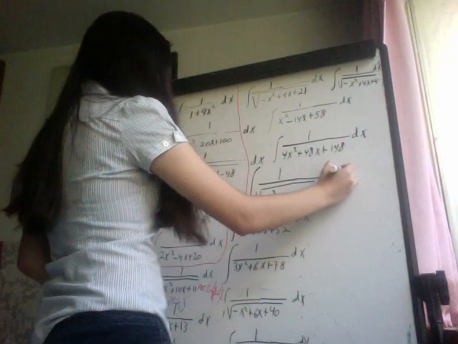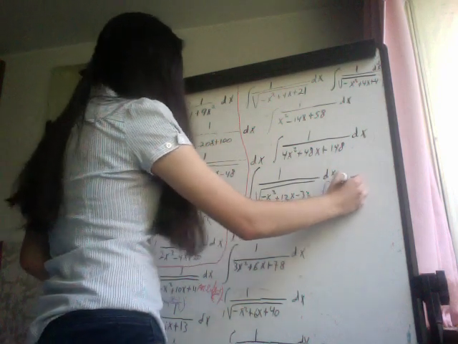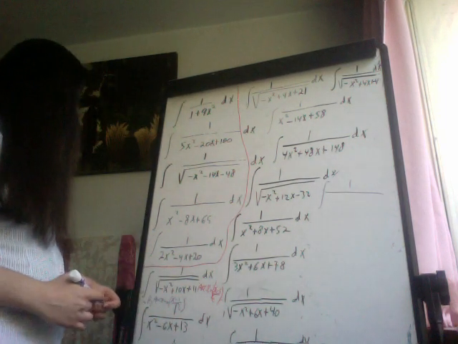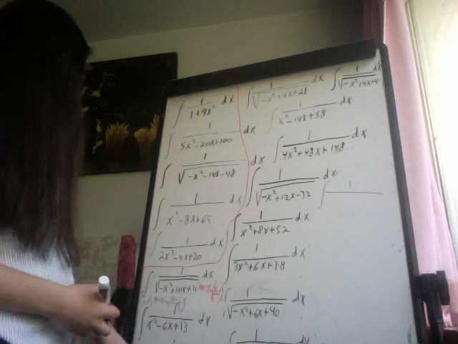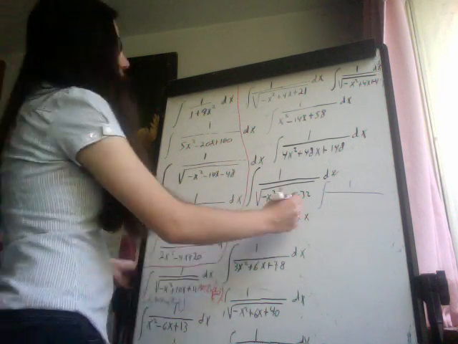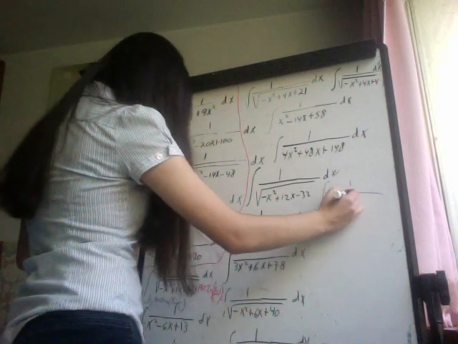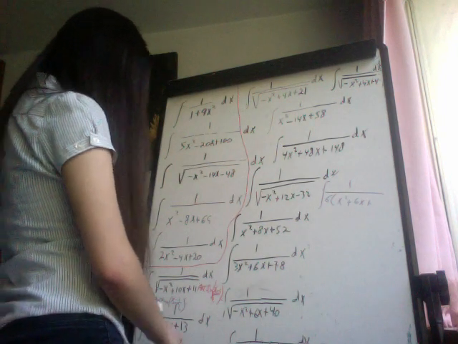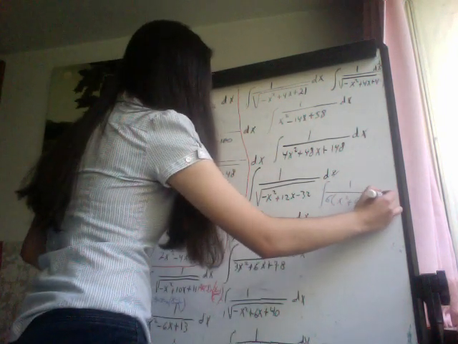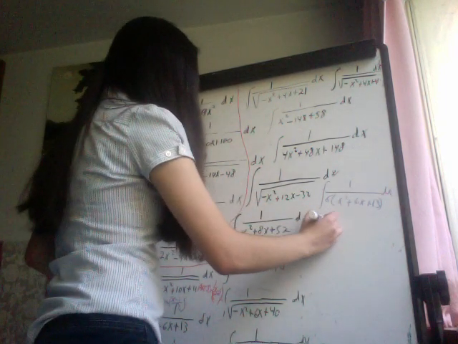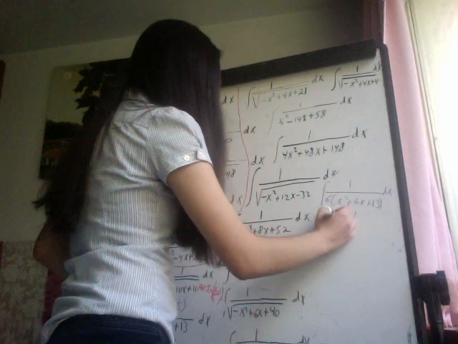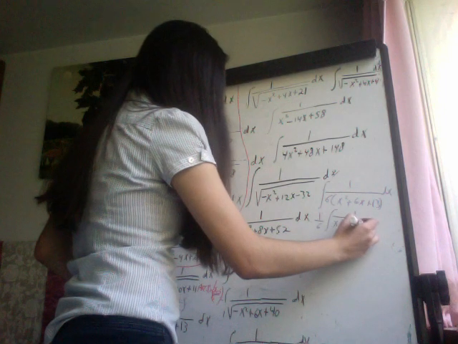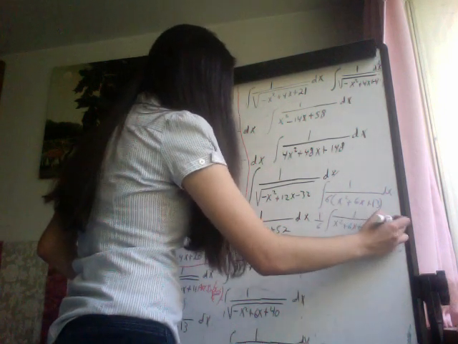So again, let's complete the square. Actually, because we don't see any root, you can guess that it would be an arctangent of something. So first let me factorize the 6. So 6 times (x squared plus 6x plus 13) dx. So this is 1 over 6 times the integral of 1 divided by, now let's complete the square, x squared plus 6x plus 9 minus 9 plus 13 dx.